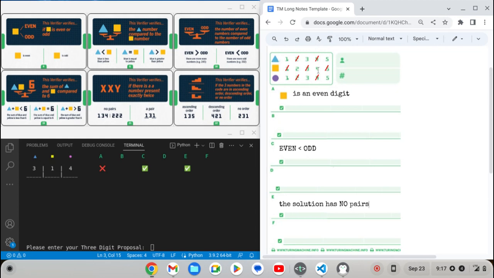So it really does feel like it's going to be a 50-50. And I guess the other possibility is criteria card F: could it be descending or ascending? There are a couple of each, right? 1, 2, 3, 3, 4, 5, 3, 2, 1, 5, 4, 3, all ascending, descending. I don't know.